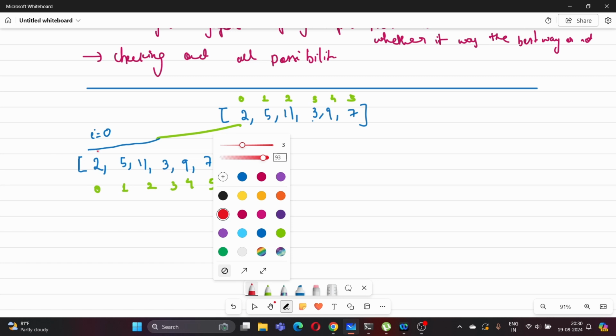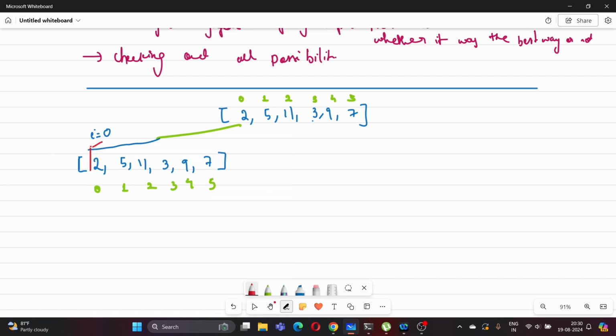Imagine that I am putting a wall at 0. I put it here. Does it make any difference to the array? It doesn't, right? It's the starting point. It's similar to a rod which starts from here, 0, and this can be n.